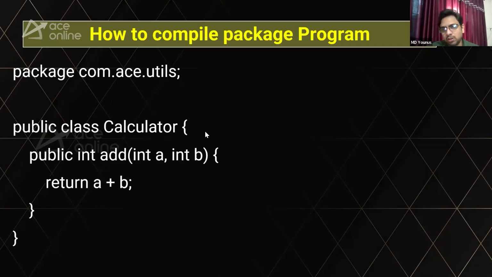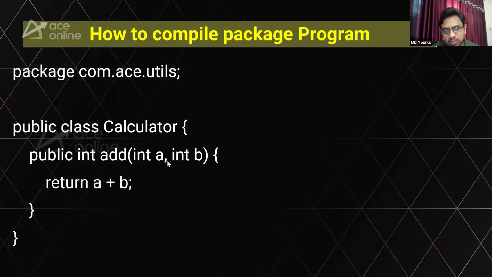Now the protection level is getting added because we are talking about encapsulation, and encapsulation is all about data security and data hiding. So this is how packages and access modifiers add security and protection to your program: who can access and who cannot access, everything you can control with the help of packages and access modifiers, so that you can understand the importance of these concepts.